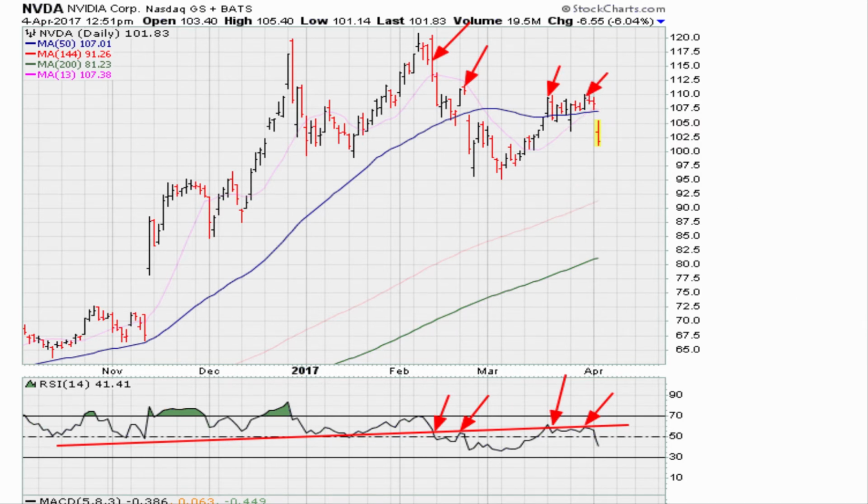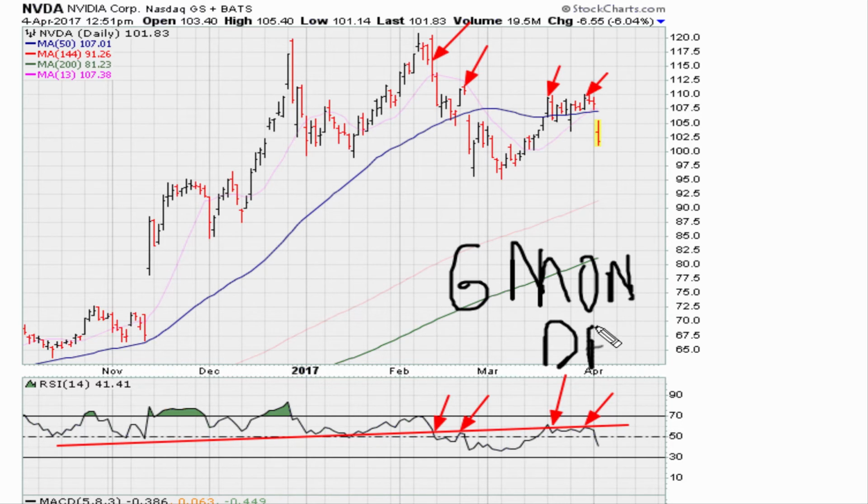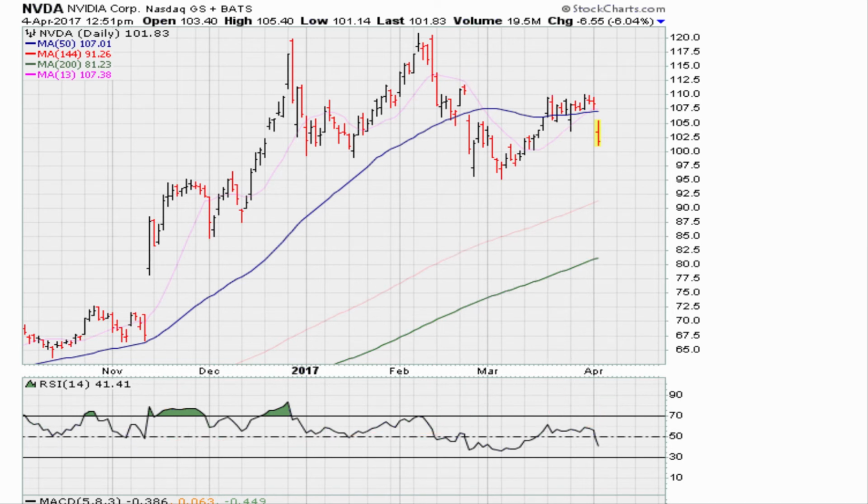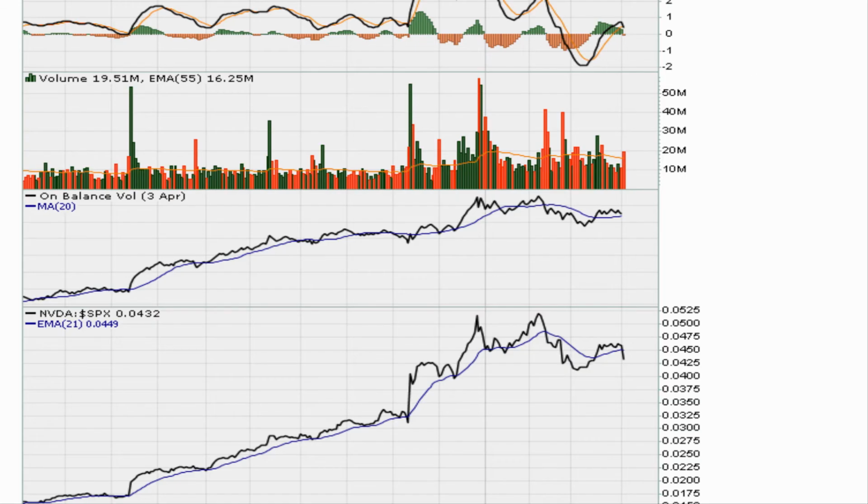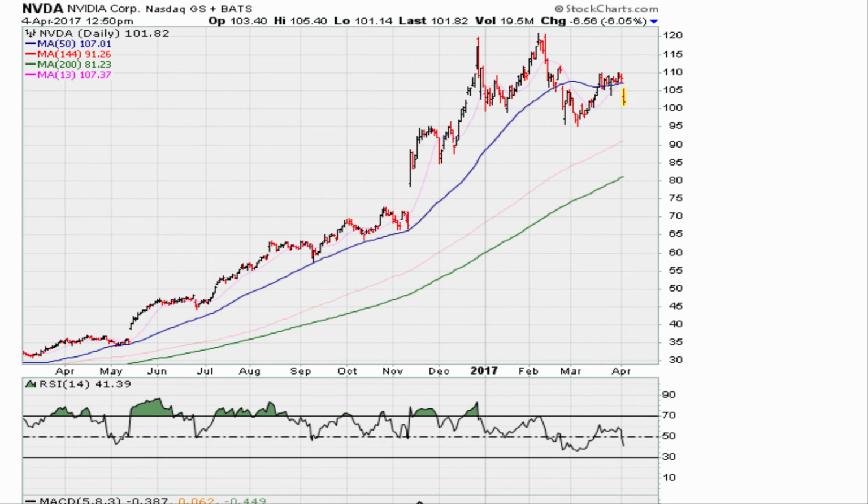Keep in mind, this is 6 months daily. So the question might be, where does this red line come from? Well, let me show you. Let's take a look at a 1 year daily chart.